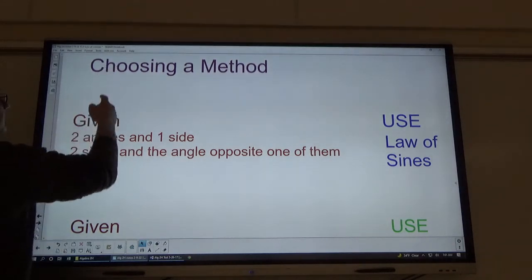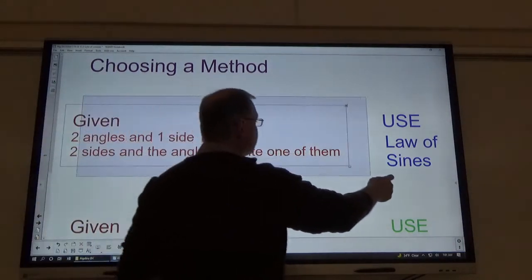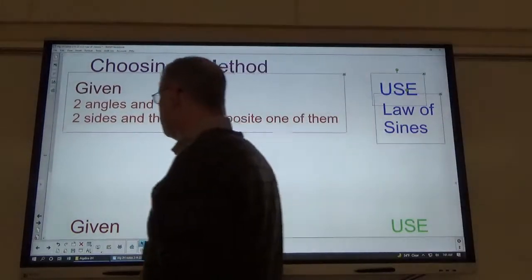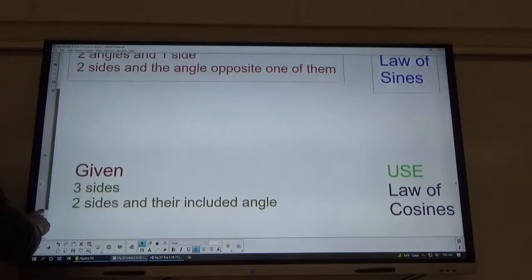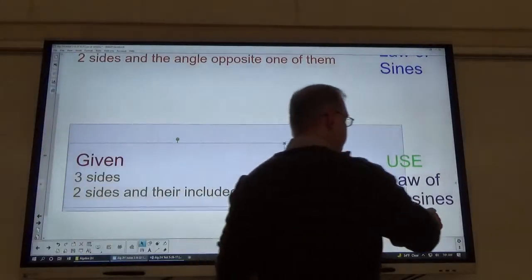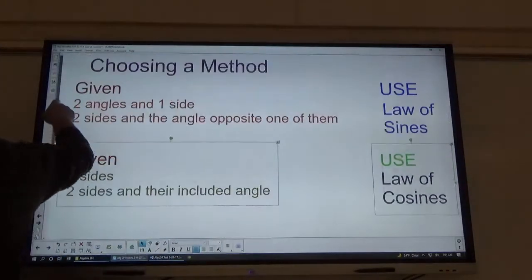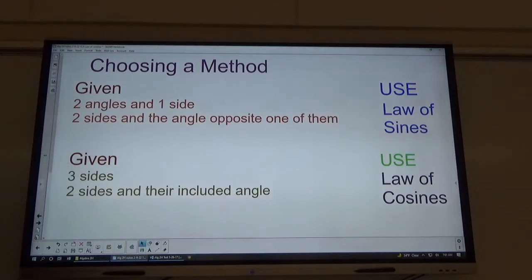Now, when you're trying to decide which of these methods to use, law of sines or law of cosines, it will be helpful to know what you're starting with.